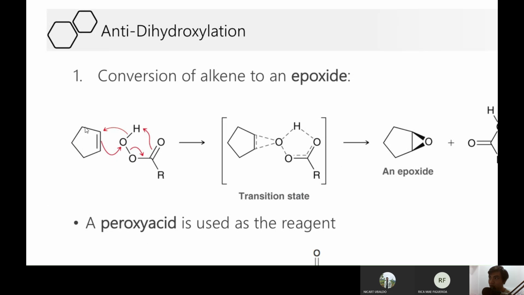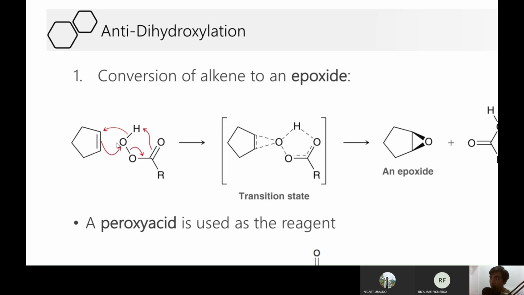So basically what happens here is that your alkene will attack this oxygen here, which is partially positive due to the fact na may dalawa kang oxygen na humihila ng electrons niyan. No? So maski kahit oxygen yan, hinihilahan pa rin siya ng electron. So as a result, this is prone to nucleophilic attack.